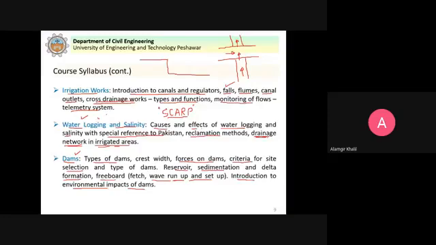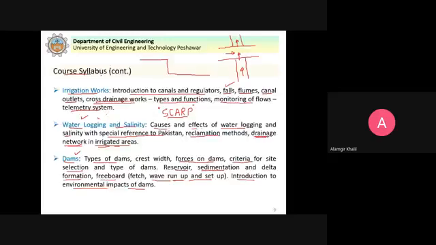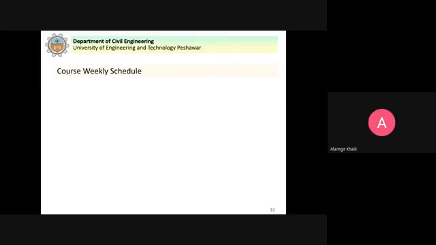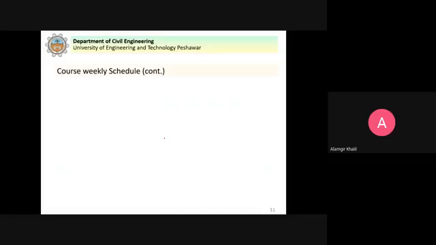So this is the course outline, the course syllabus, in which the contents are defined. These topics are arranged in the weekly schedule. So this is how we will cover these topics each week.